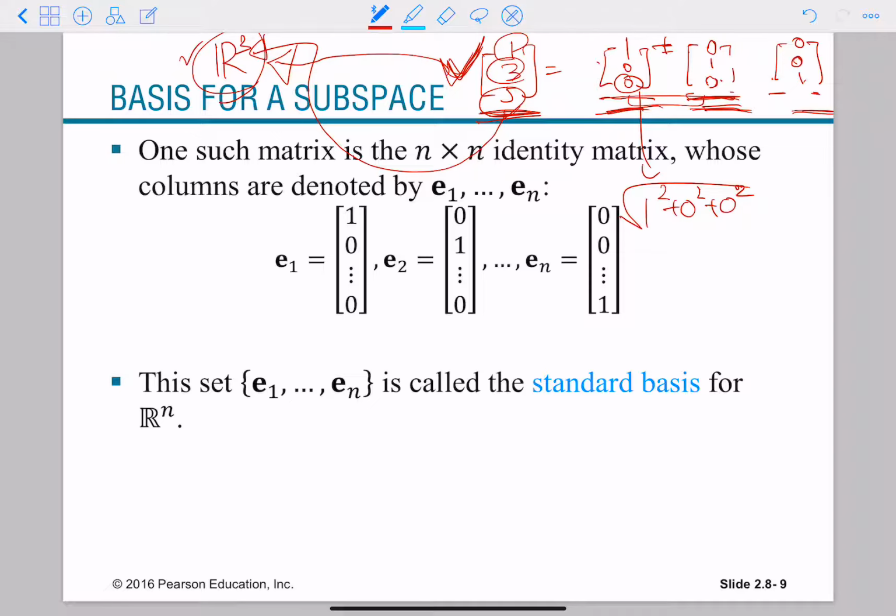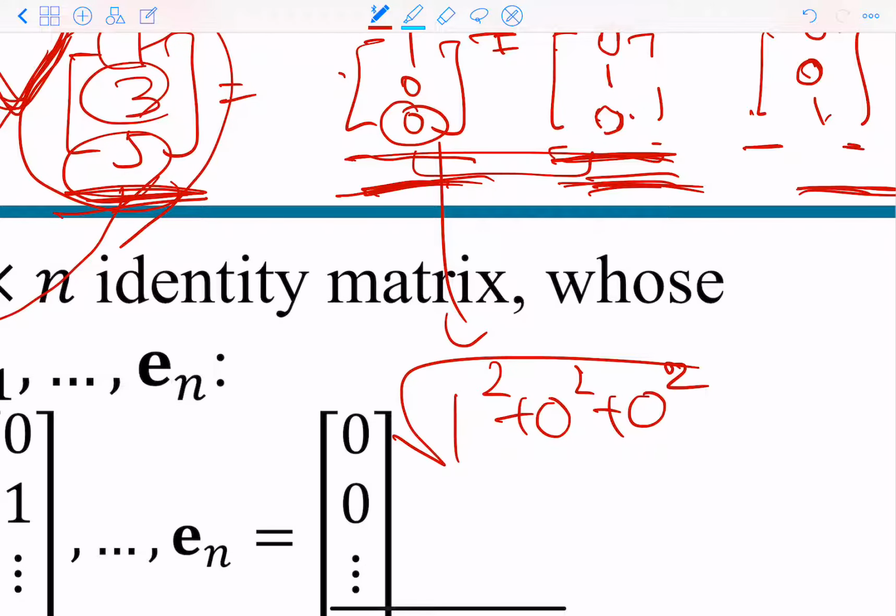So we can represent any of the vectors in this subspace as a linear combination of these basis vectors. And furthermore, these vectors are linearly independent, right? This vector belongs to the span of these three vectors, and these three vectors are linearly independent.